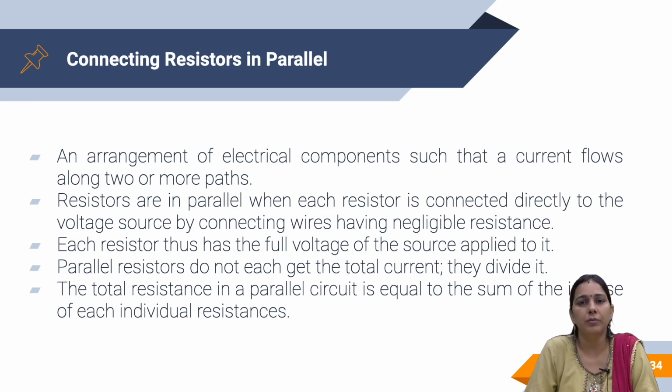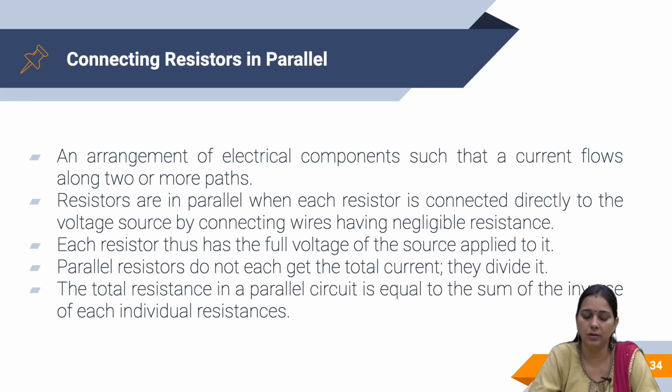In this manner, the voltage remains the same across all the resistances connected in parallel, whereas the current will get divided. The magnitude of current divided across each resistance depends upon its magnitude.